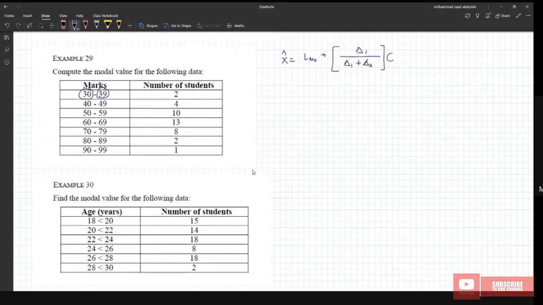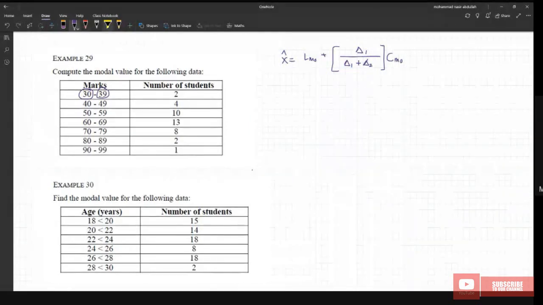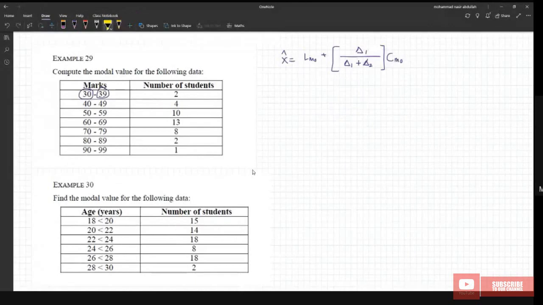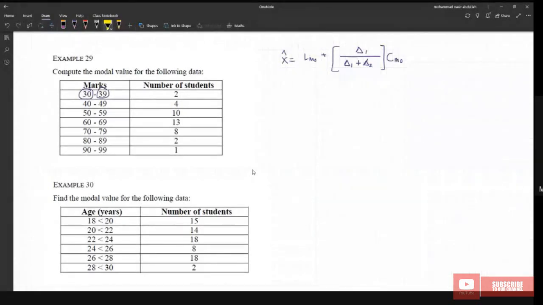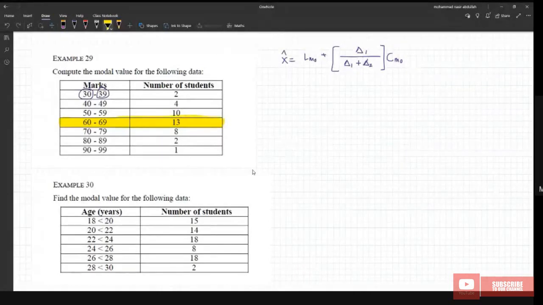And multiply with Cmo, the class size of the modal class. So first step, we need to find the modal class. The modal class is the class that has the highest frequency value. For this example, 13 is the highest frequency value. So this is the modal class, right?